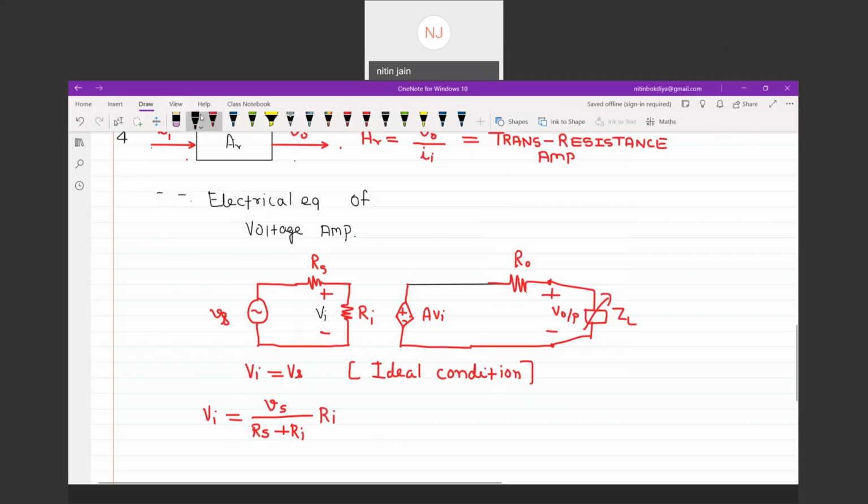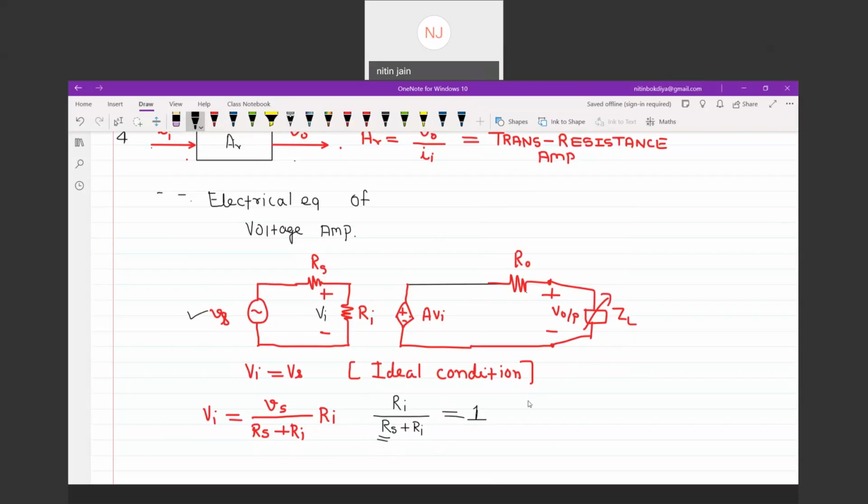We want that whatever voltage is applied at the source, all of it drops across Ri. So Ri divided by (Rs plus Ri) must be 1. You cannot change Rs because it is the source-related value.